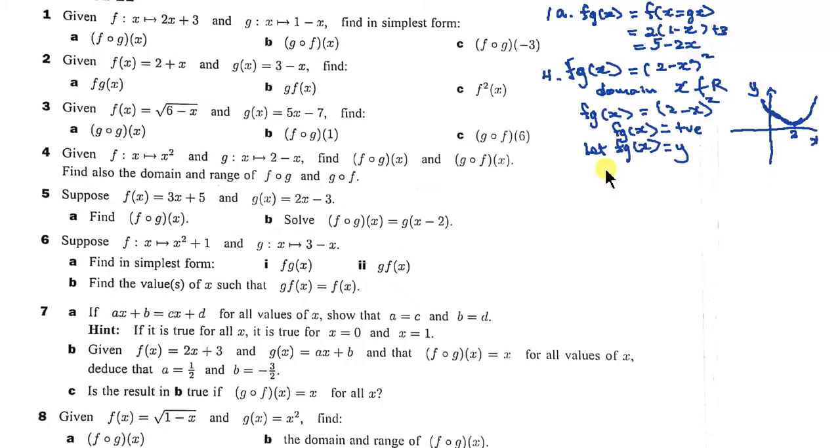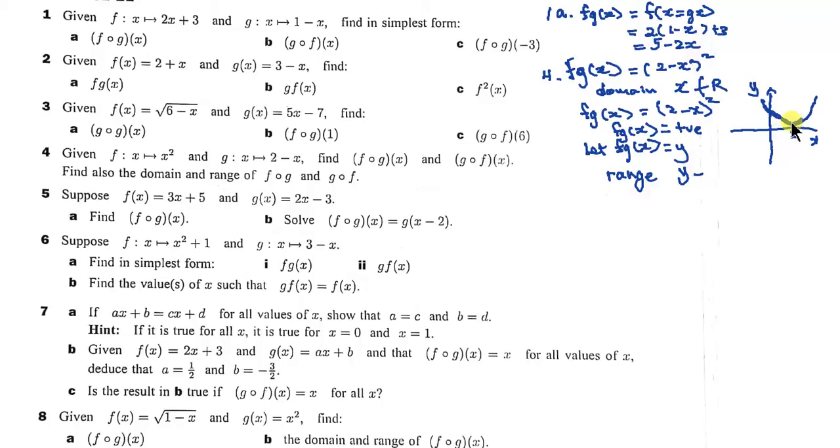Now, what about g(x)? Therefore, the range for the y value: y can be equal to 0 when x equals 2, it can become 0.